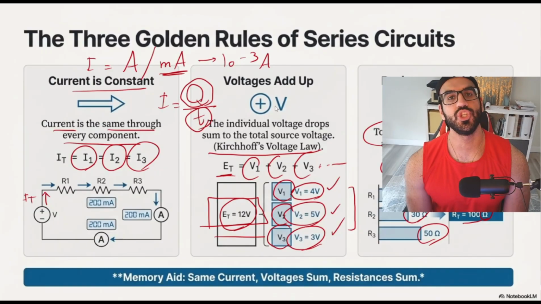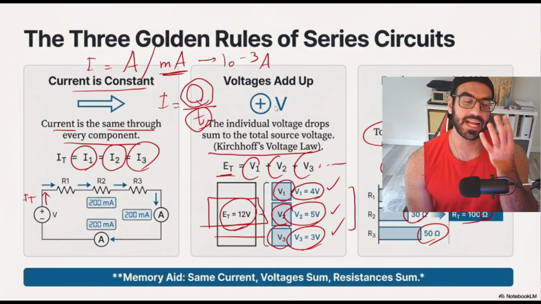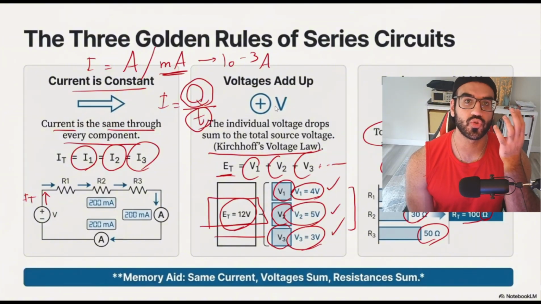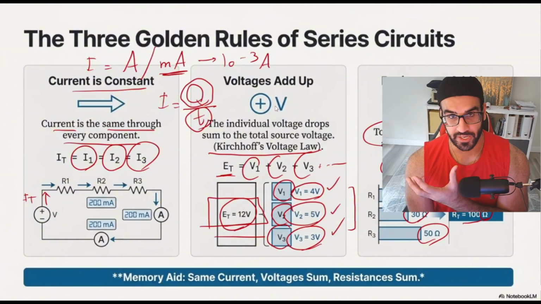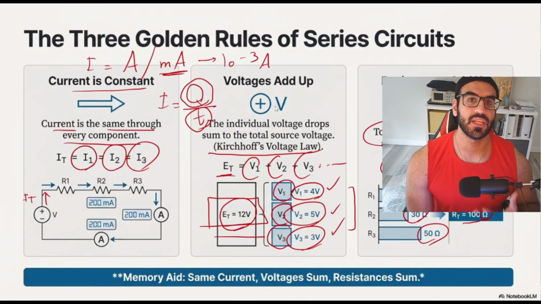I equals Q divided by T is the definition you can use to measure the current, or the flow of electrons.